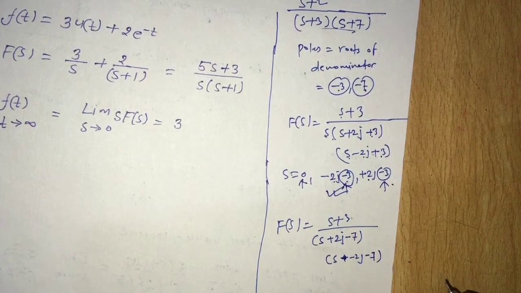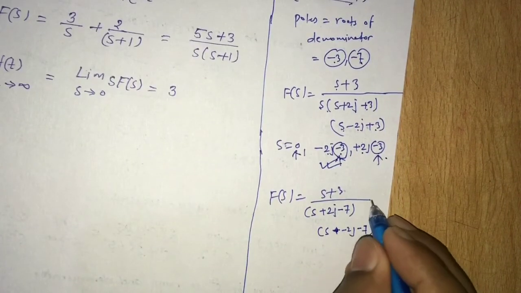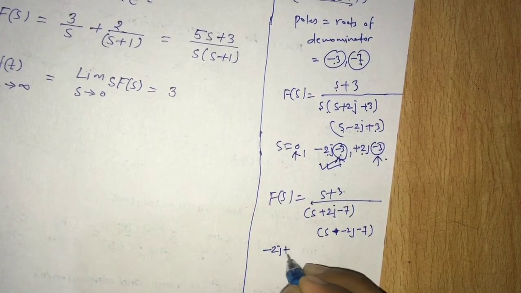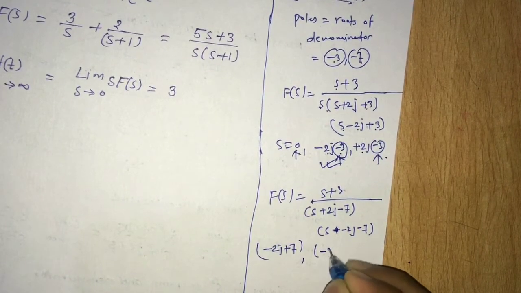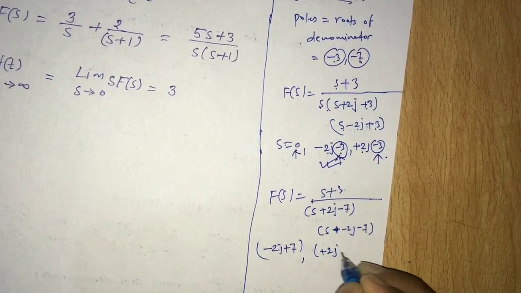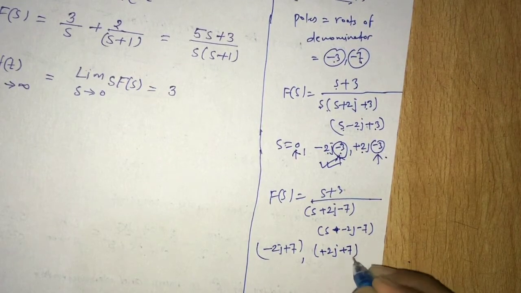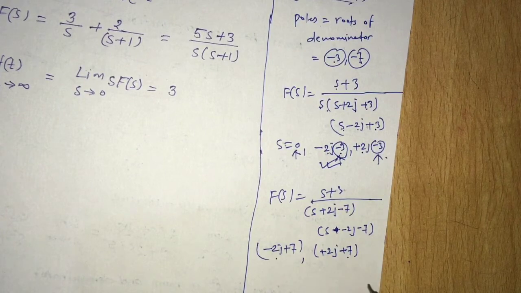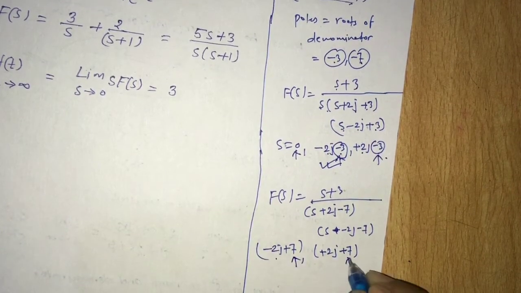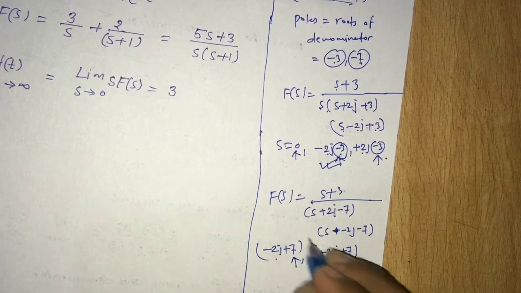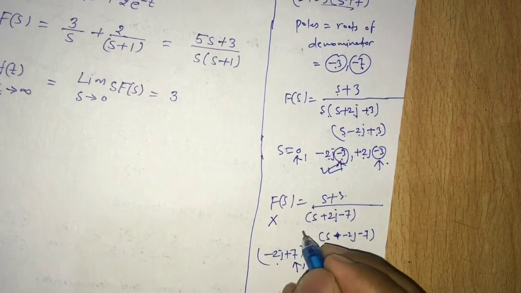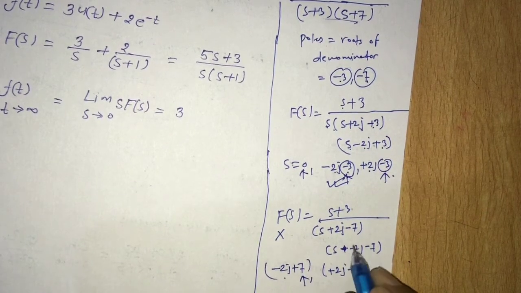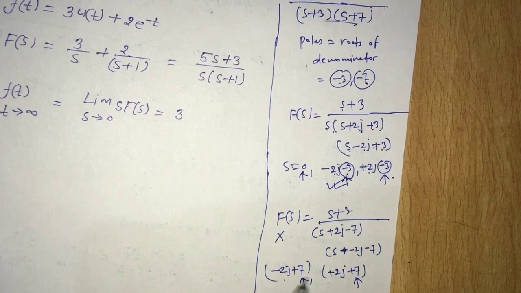The roots of the denominator polynomial of this function are 2j plus 7 as well as minus 2j plus 7. These two are conjugates, because the imaginary parts have opposite signs and the real part has a positive sign. So the final value theorem is not applicable to this function, because the real part of the roots of the denominator is positive.